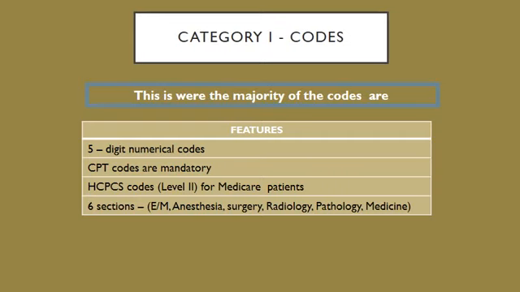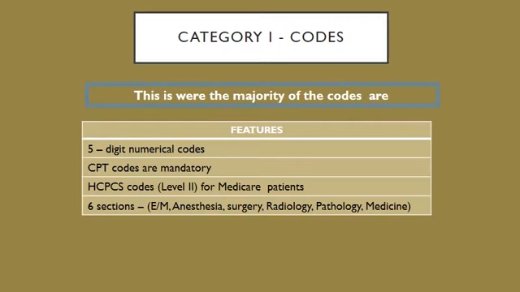Okay, so you will be tested on that on the board exam, and we will go over the common codes that you'll need to use instead of a CPT code. And generally, off the top of my head, I'm going to say when it comes to injections, you're going to need to use a HCPCS code instead of a CPT code. Some other features of Category 1 codes: they have 6 sections.